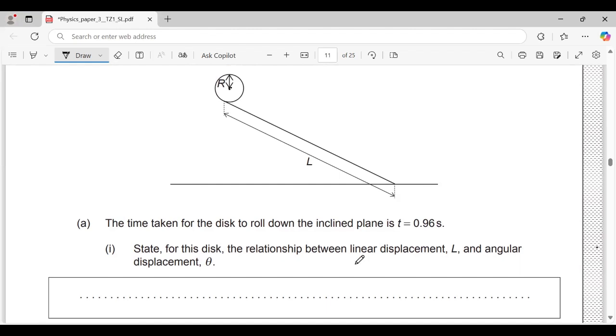The relationship between the linear displacement and angular displacement theta, involving R, is that L, or length, equals R, the radius, multiplied by theta. If theta, the angular displacement, is the subject, we can rearrange this equation to become theta equals L over R: angular displacement equals the linear displacement over the radius.